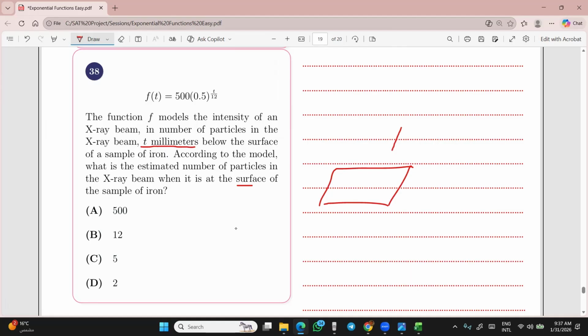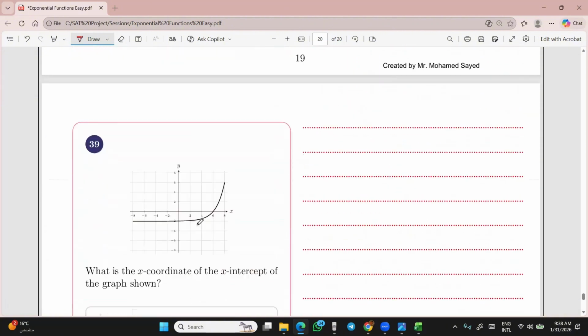We have a beam moving through this, and then it moves through the solid here. When it's starting at the surface, this is the beginning. Beginning means initial, which is 500. 500 what? 500 particles. So it should be in the number of particles in the X-ray beam. So 500 should be the answer, because at the surface means in the beginning, before going through the solid itself.